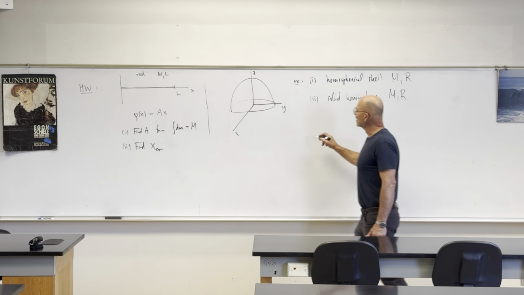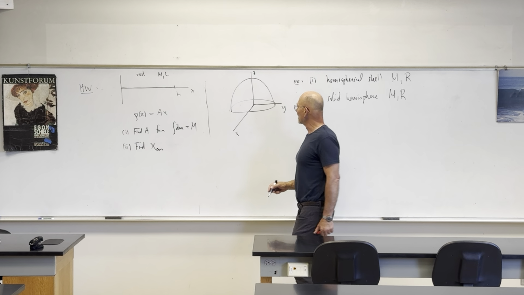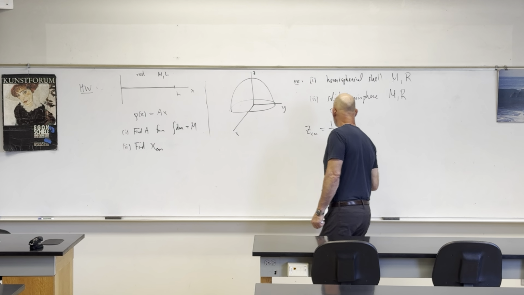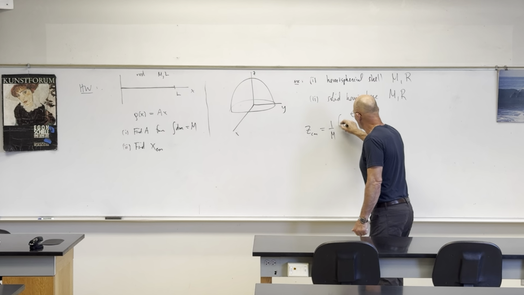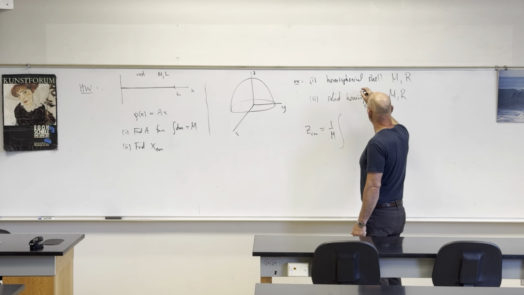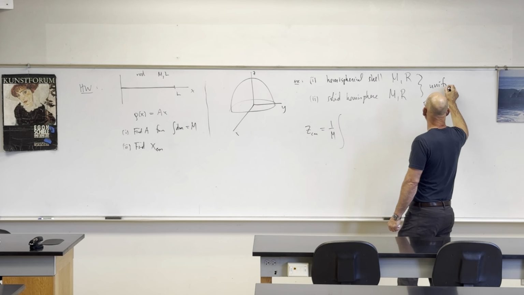The M's already given, right? And we set it up the way I did. X and Y center of mass are 0, so we're just looking for Z center of mass. Okay? So you could say Z center of mass, you've got the 1 over M. Of course, the M cancels. Your dm, since it's both of these, I'll just write uniform.